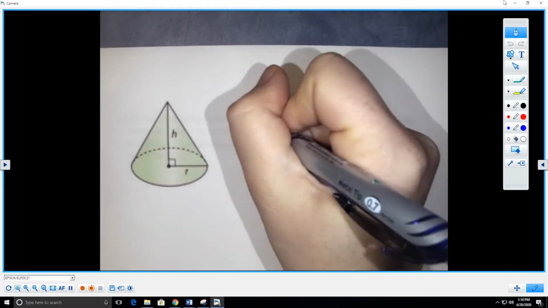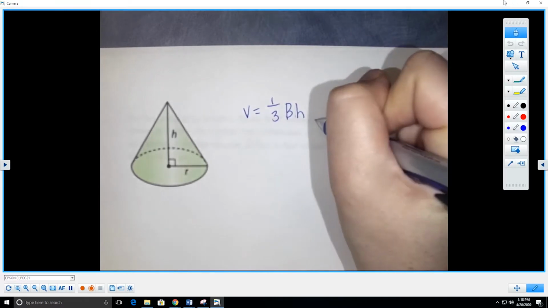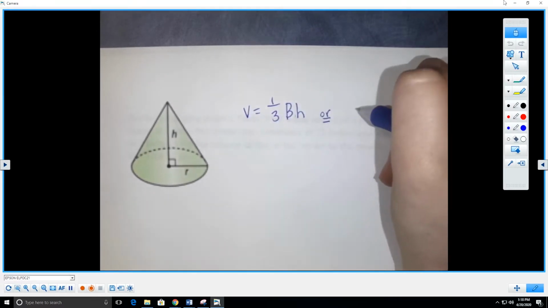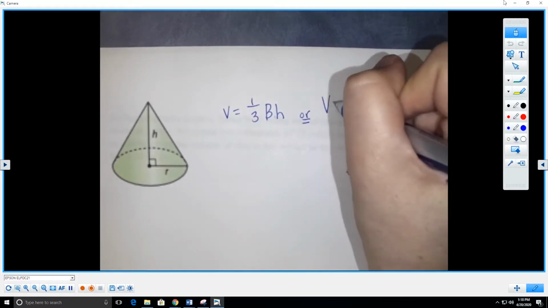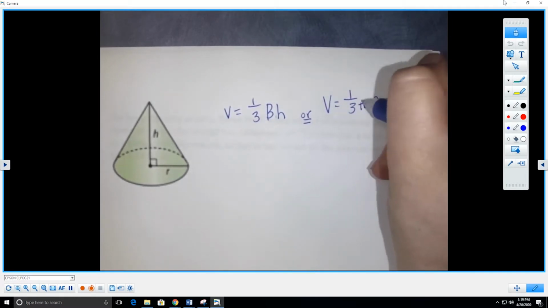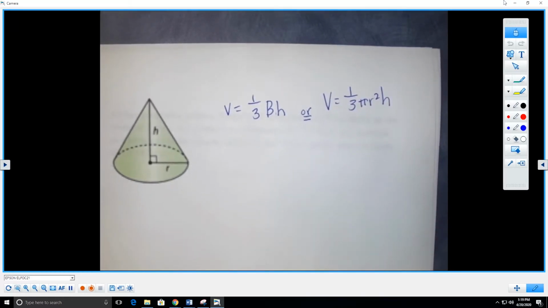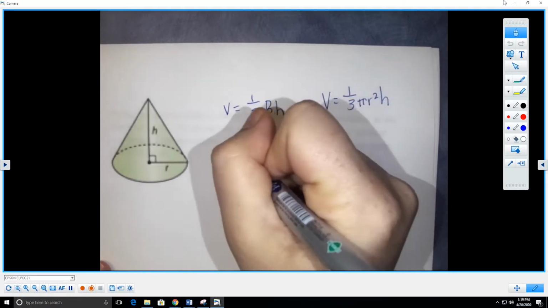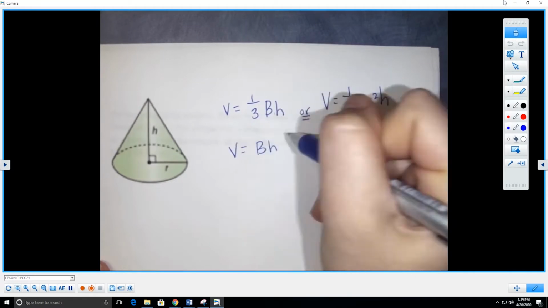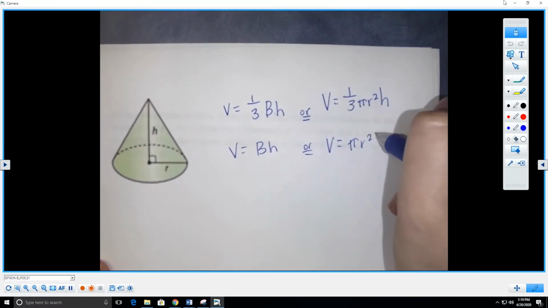So you would write volume equals 1/3 of the base times the height, or volume equals 1/3 pi r squared, because that's the same as the base, times the height. Notice the similarity to the formula we learned for cylinders in lesson 19, which you may recall looks like this. Volume equals base times height, or volume equals pi r squared times height.